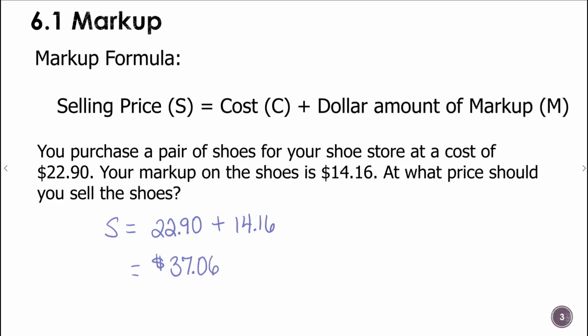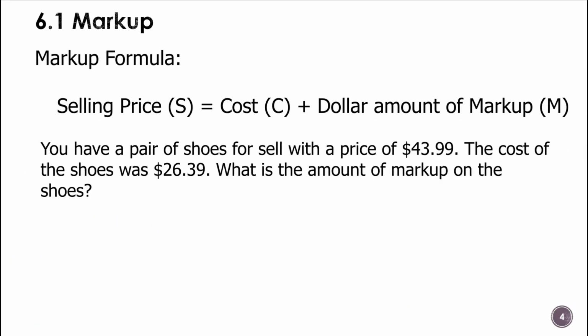So that is in its simplest form. When you actually know the cost and you know the markup, it's easy to find the selling price. Or if you know the selling price and the cost, you could find the markup, and you could go at that in various ways. Here's another one. You have a pair of shoes for sale with a price of $43.99. The cost of the shoes was $26.39.